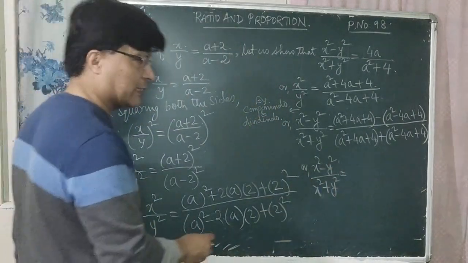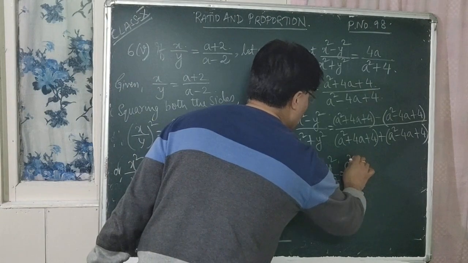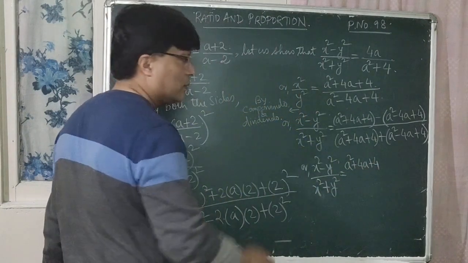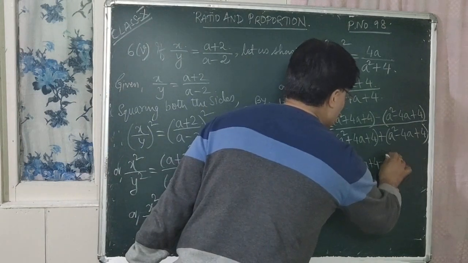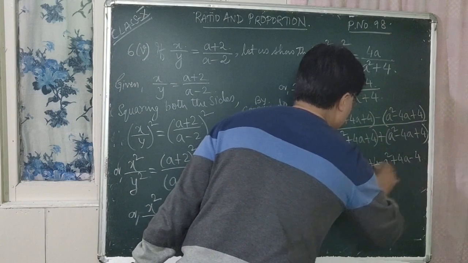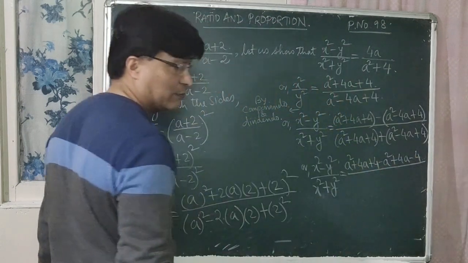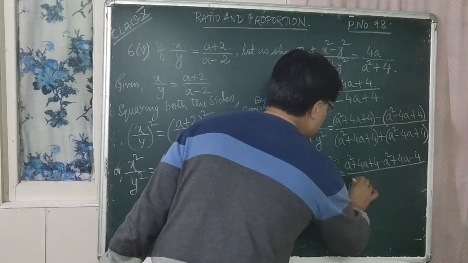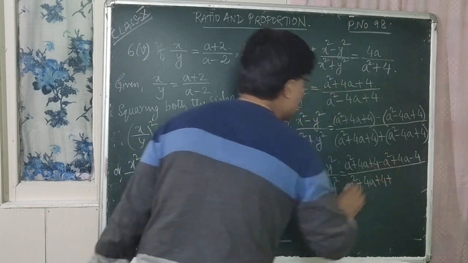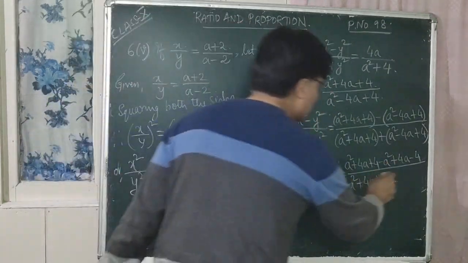So on the right hand side, it is a square plus 4a plus 4, then minus a square, minus to the minus plus 4a minus 4, this whole divided by, in the denominator, a square plus 4a plus 4 plus, next what is the second term here?